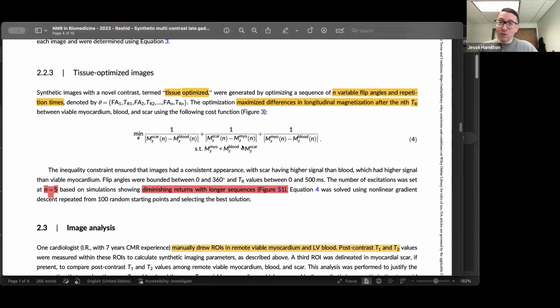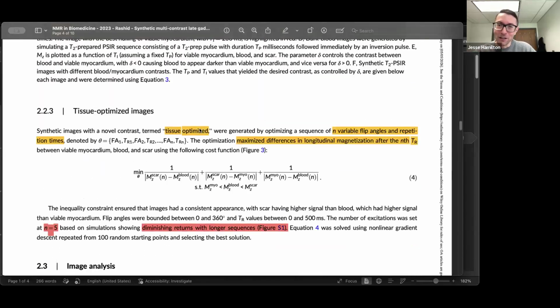And then finally, the third type of image that we looked at is something called a tissue optimized image. The basic idea is that we want to generate an image that gives us the best possible contrast between viable myocardium, scar, and blood. So we have these three tissue types. Based on the T1 and T2 values that we measure on the fingerprinting maps, this idea is inspired by fingerprinting.